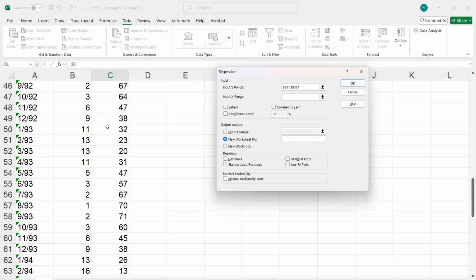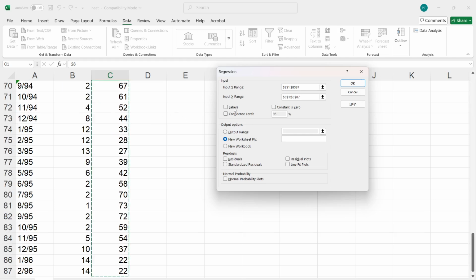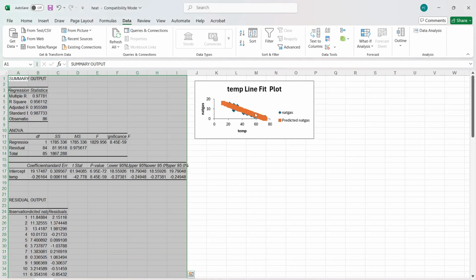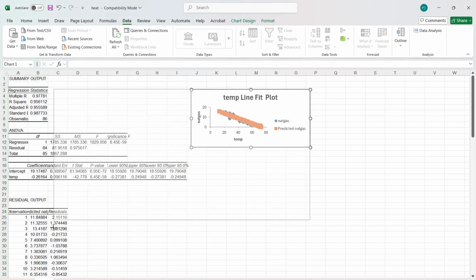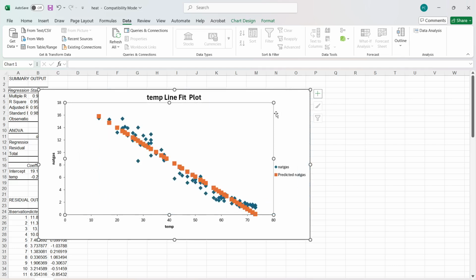For the X range, I will take the temperature. I am including labels. Line fit plot? Yeah, I think I would like a line fit plot. I'm curious. And hit OK. There's my line fit plot. Bit of a mess. Doesn't look perfectly linear. Maybe has a bit of a swoosh to it, but I'm not going to read much into that.